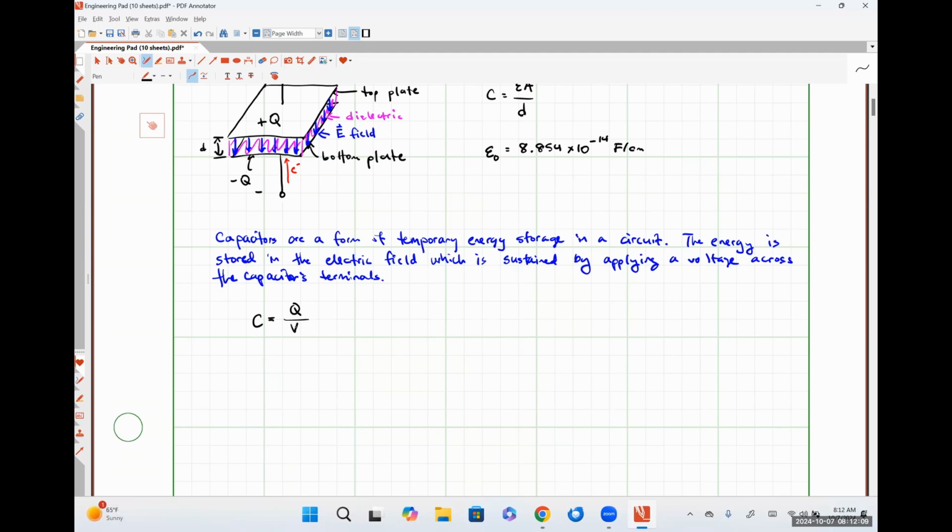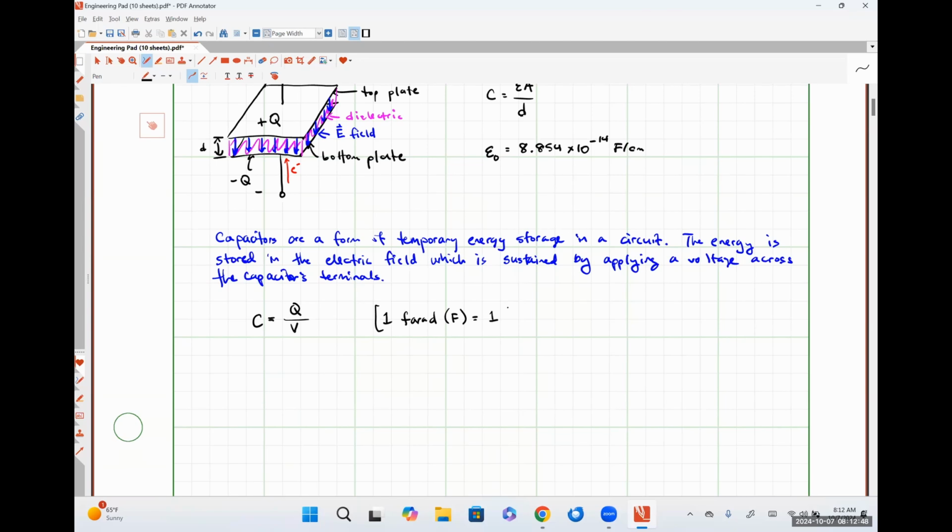So the units of capacitance are the farads. Actually, this should be lowercase f because we're talking about units and not the dude's name. So 1 farad, which has a symbol of capital F, is, according to this relationship right here, let's do it this way.